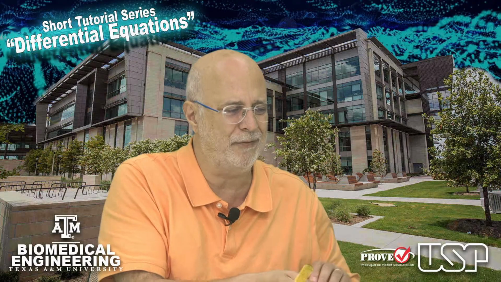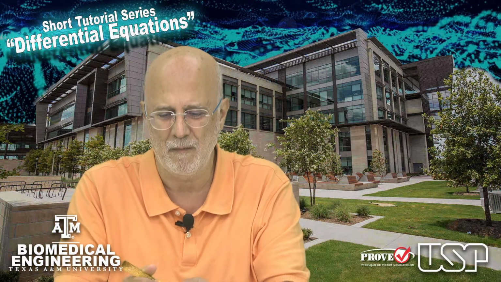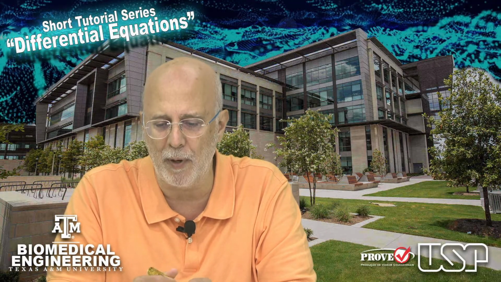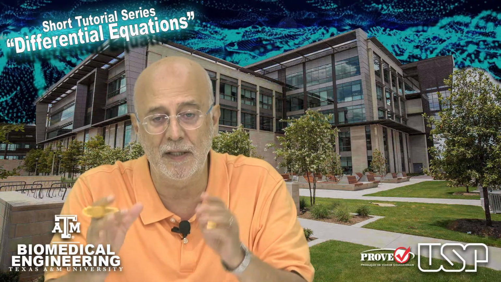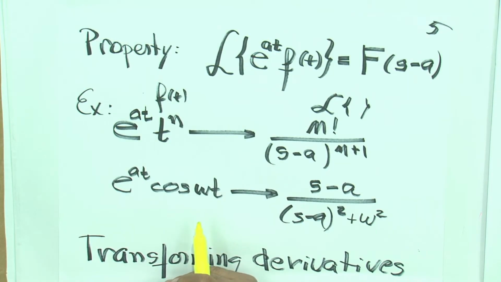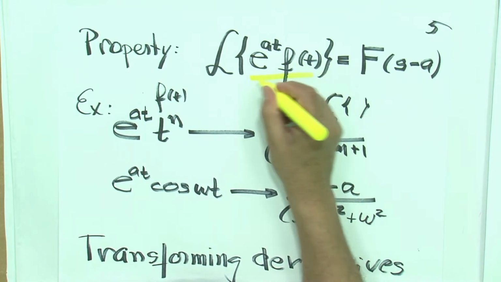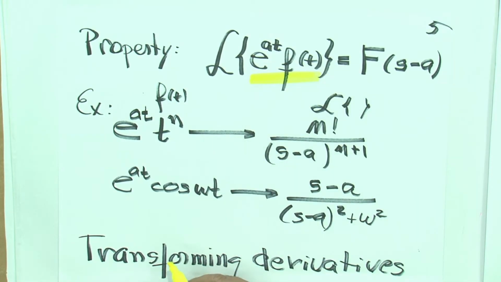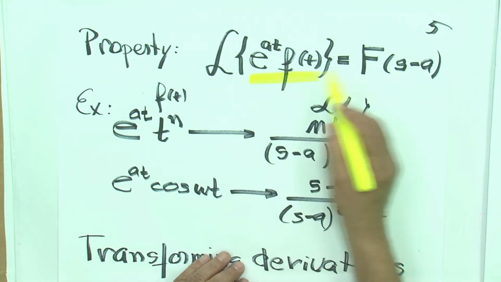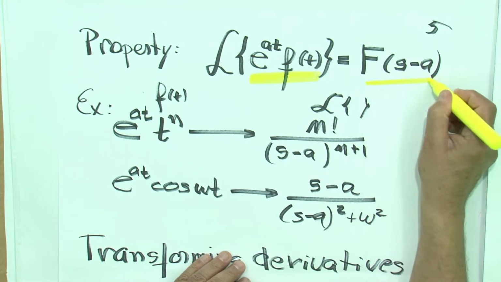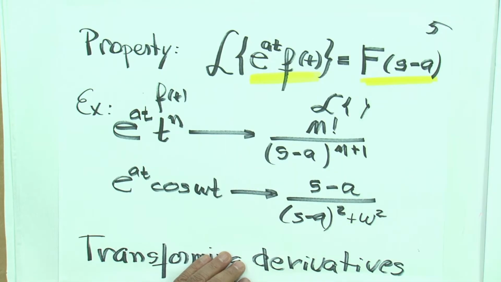We have to collect a few more properties. There is one very important property, because the structure of the Laplace transform is such that when I multiply a function by an exponential, basically the Laplace transform is only a displacement of the new variable.